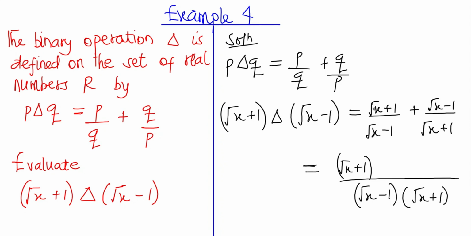And that one multiplies the numerator, square root of x plus 1. And the same way we have our plus here. So this square root of x plus 1 goes into square root of x plus 1, and we are left with the other one, that is square root of x minus 1, and that multiplies the numerator square root of x minus 1.